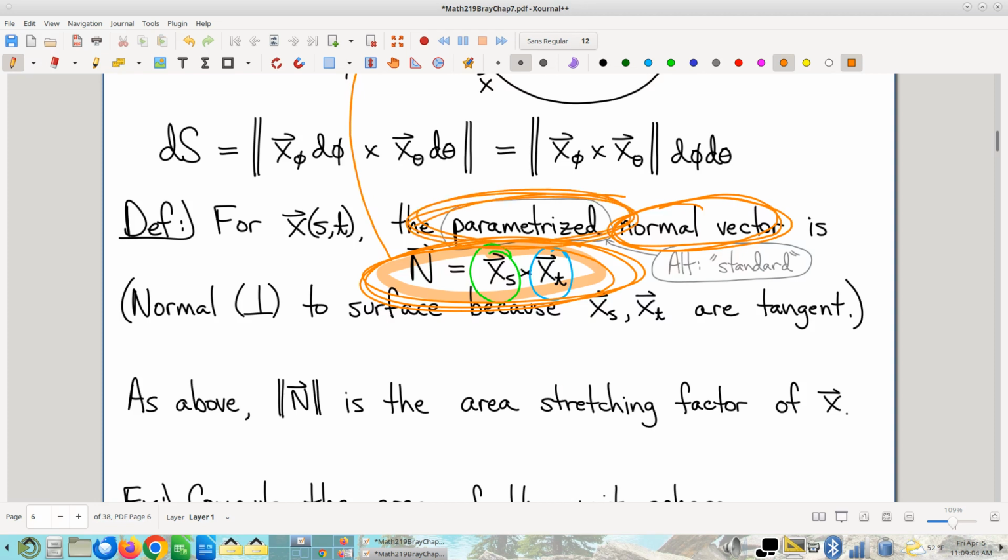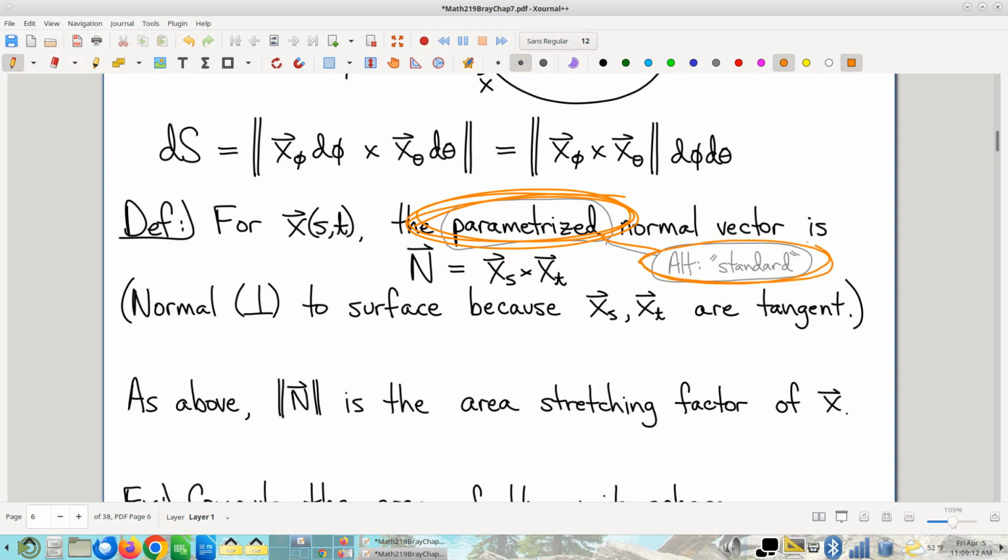Now, just heads up, the book instead calls this the standard normal vector. It's just terminology, so I suppose that's fine. Here's why I'm not comfortable with that myself. Standard, to my ears, makes it sound like it's unique.